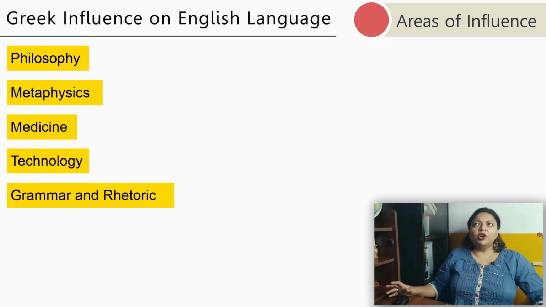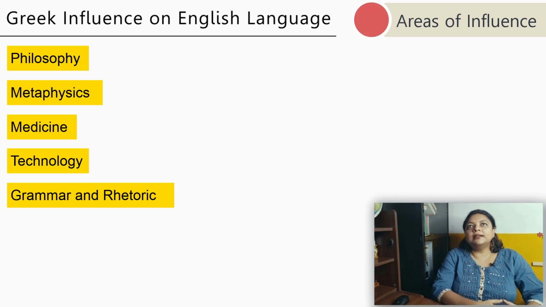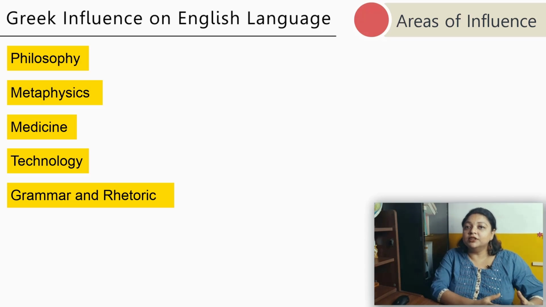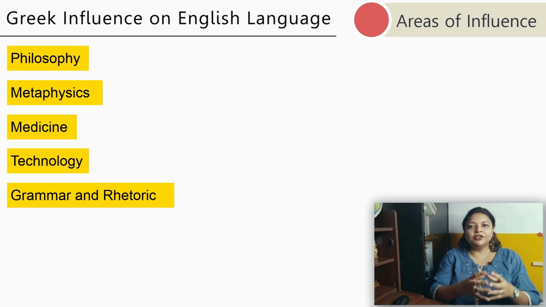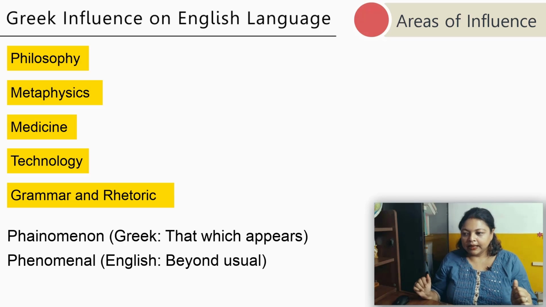Greek language almost fully developed any kind of philosophical expressions. Sometimes it happened that they took a Greek word which belonged exclusively to the world of philosophy, and then English people started using it in such a common way that it eventually turned into something which is used in a very general sense. Take for example the word phenomenon or phenomenal.